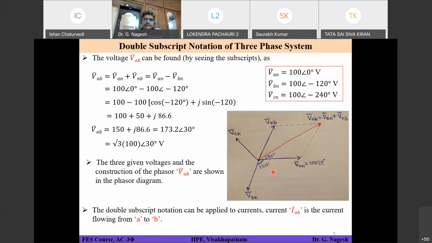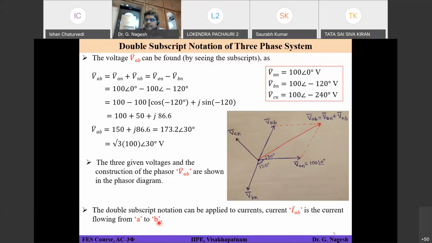Is it clear? The double subscript notation can be applied to currents also. That means similar to voltages what we have seen, for currents also you can use the same subscript notation. That means IAB, if I say, is the current flowing from A to B. That means from phase A to phase B, what is the current that is flowing?